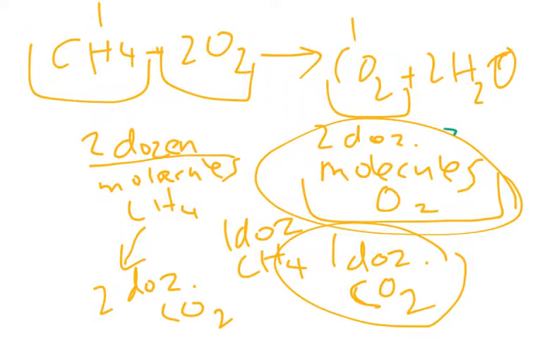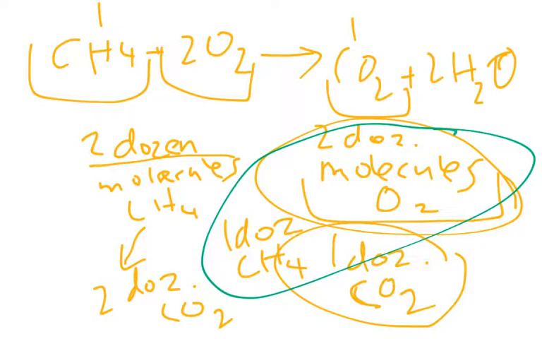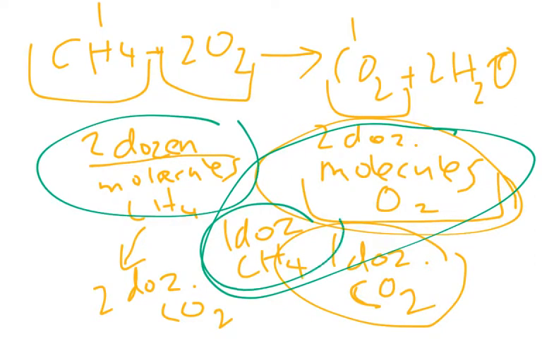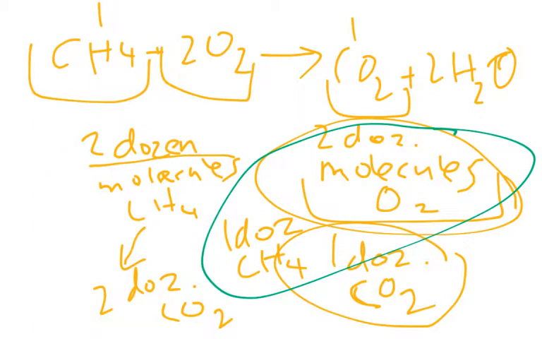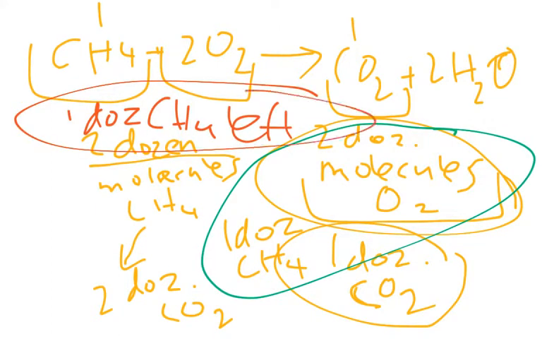So this is the stuff that we consumed. So how much CH4 is left? Well, we started off with 2 dozen and we used up 1 dozen. Then don't we have just 1 dozen molecules of CH4 left? And yeah, that's how you do it.